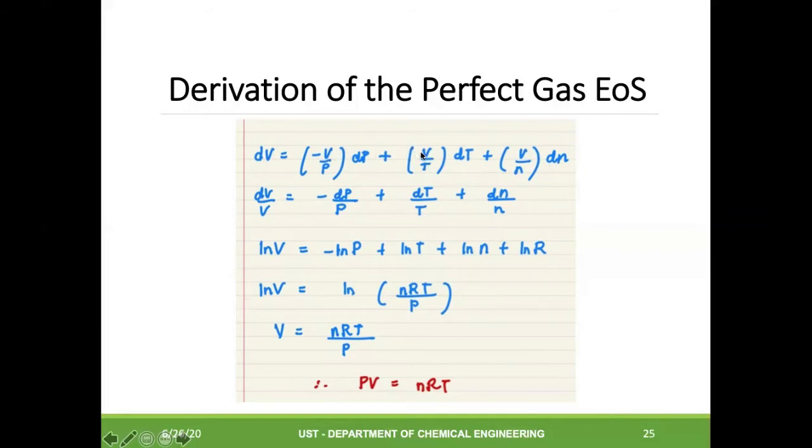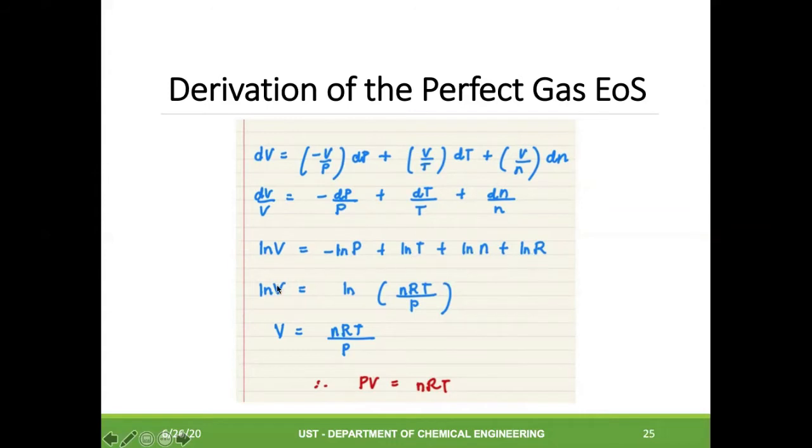Since we have volume in each term, combining this with dV, dV over V is equal to negative dP over P plus dT over T plus dN over N. And you know that upon integration, the expression becomes ln V is equal to negative ln P plus ln T plus ln N plus ln R.